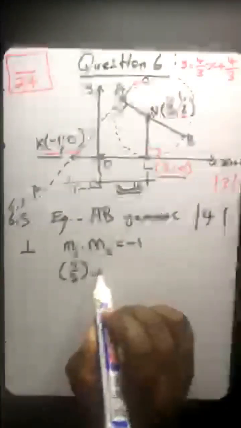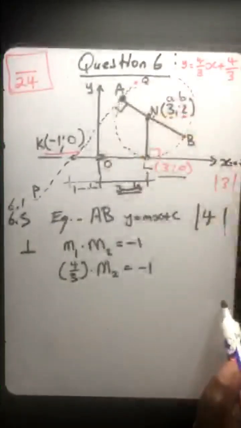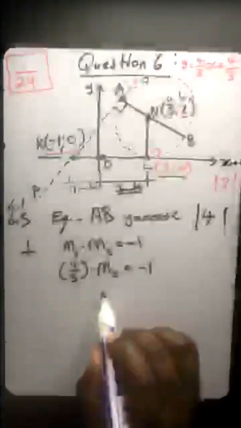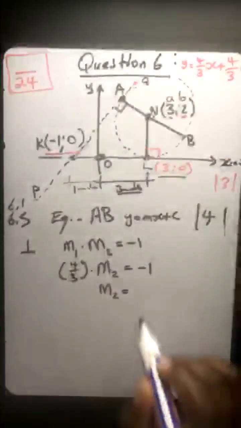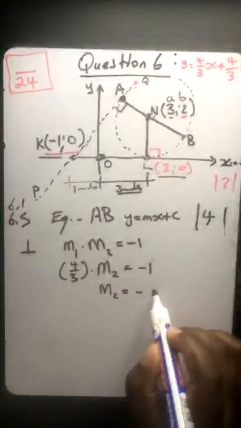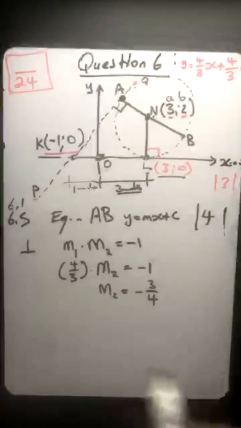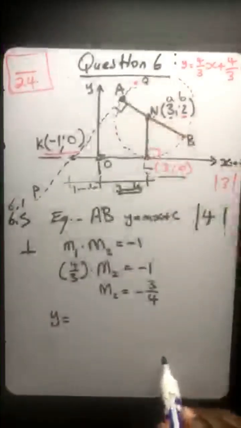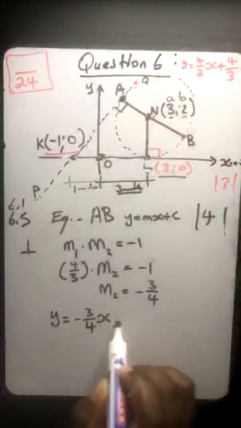When you multiply it with the gradient of this line, it has to give you negative 1, because these two lines are perpendicular to each other. So negative 1 divided by that automatically gives you negative 3 over 4. So for that line AB being the diameter, you have y equals negative 3 over 4 x plus c.